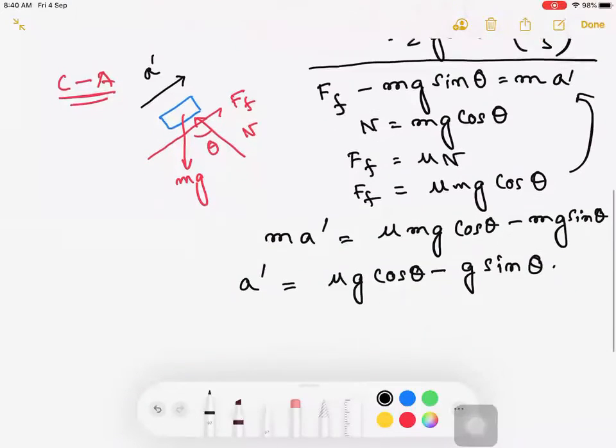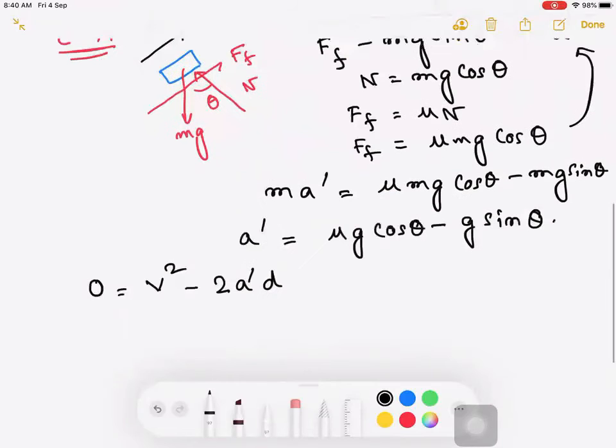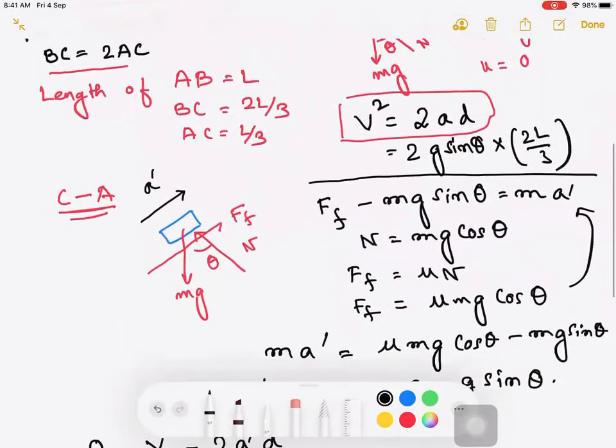Now, again use the third equation of motion in this portion. So the final velocity is 0. The initial velocity is that v squared that we had found out, minus twice a dash into d, or let's say d dash. We know everything. We know the v squared. The v squared is 2g sine theta into twice L by 3.